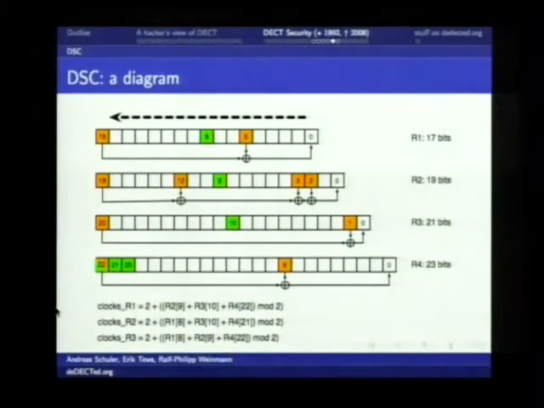And then you tap 3 bits of the fourth regularly clocked register, and you get the clock. You get the information how to clock one of the irregularly clocked registers by looking at bits of the other irregularly clocked registers and 1 bit of the regularly clocked one.